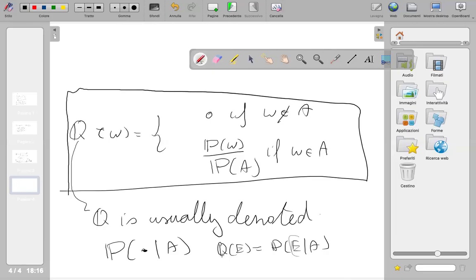That's why I called it Q of E, and this notation keeps track of A. So this is the definition of conditional probability.